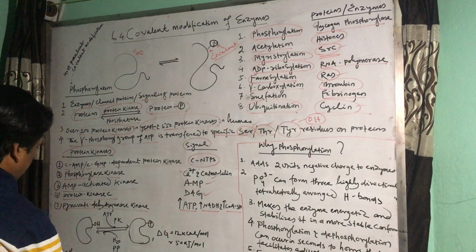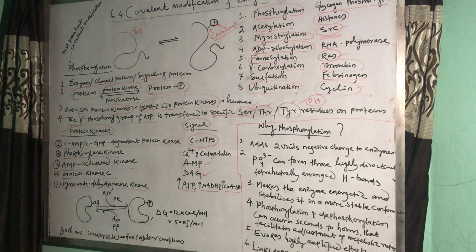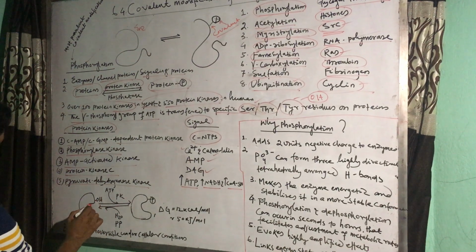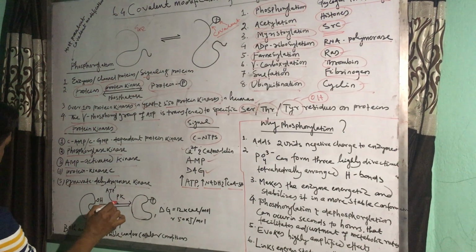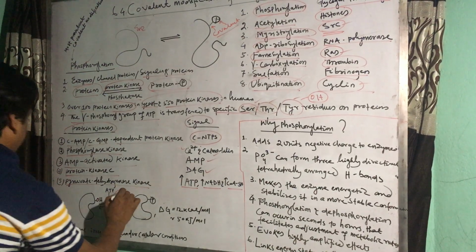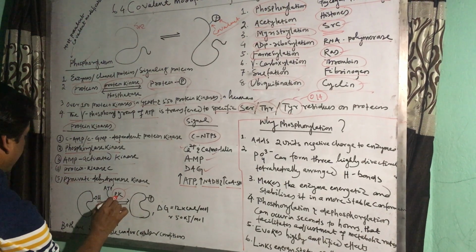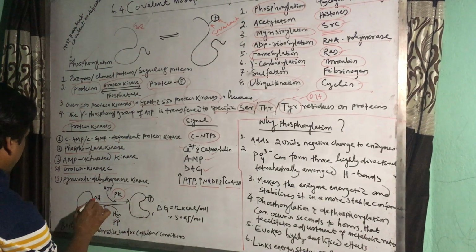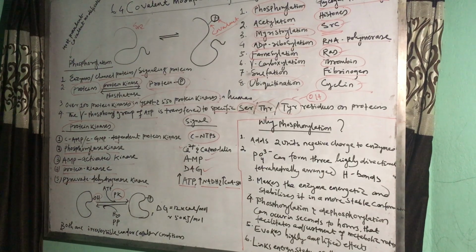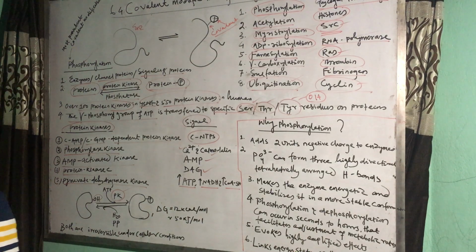The processes of phosphorylation and dephosphorylation are not the reverse of each other. Phosphorylation happens by protein kinases. This PK stands for protein kinase, which adds a phosphate group to a hydroxyl group. That hydroxyl group comes from any of these amino acids.